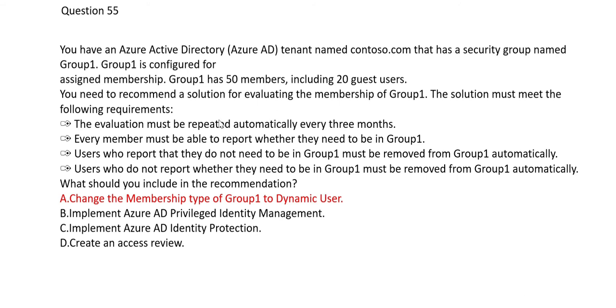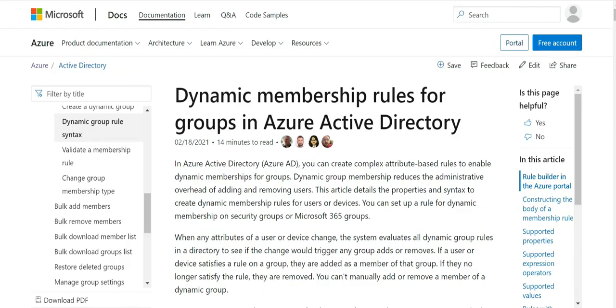These rules need to be applied on Group 1, which has 50 members and 20 guest users. If you see this documentation, you can create complex attribute-based rules. And when any attribute of a user changes, the system evaluates all dynamic group rules.